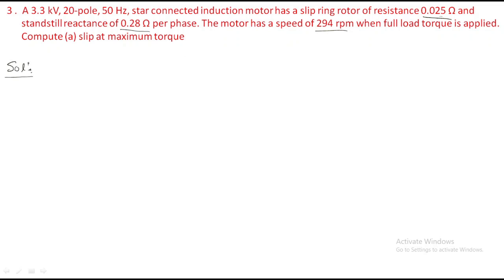To get maximum torque, what is the condition? The condition is rotor resistance equals slip times rotor reactance. So slip equals R2 by X2 at Tmax.